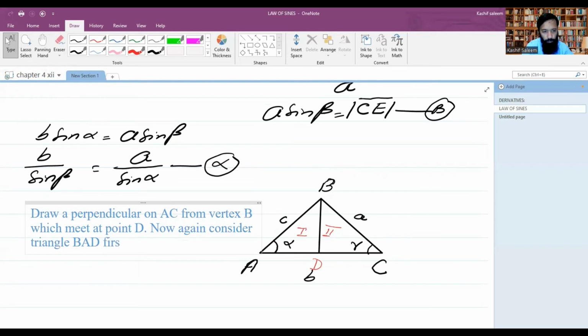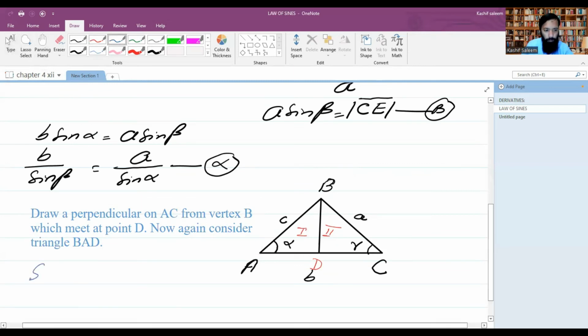So what you will get? Again sine alpha is equal to perpendicular upon hypotenuse. This is the perpendicular, this is 90 degrees, and this is the hypotenuse. The perpendicular is BD, so this is BD upon c.